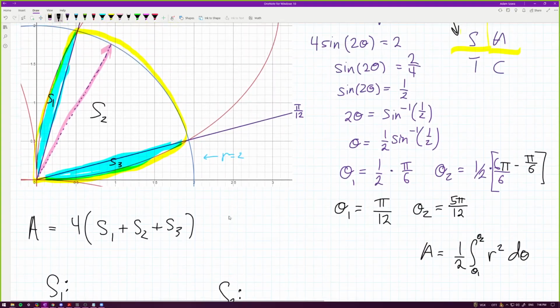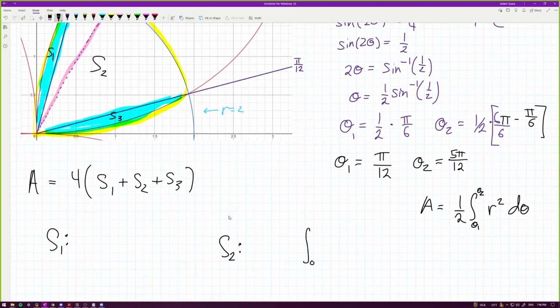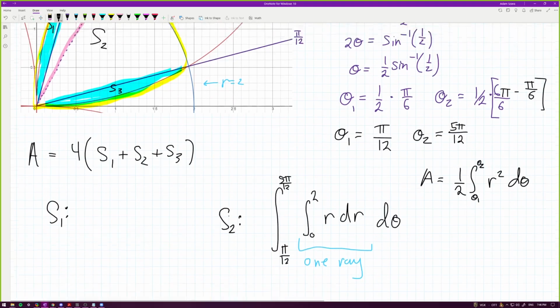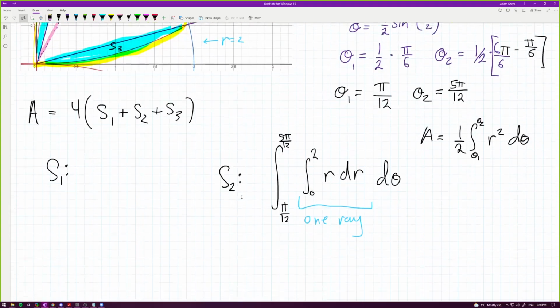So that's the integral from 0 to 2 of r dr, right? That gets you one single ray. And then we want to integrate the rays from pi over 12 to 5 pi over 12 d theta. That's my understanding of how it works.